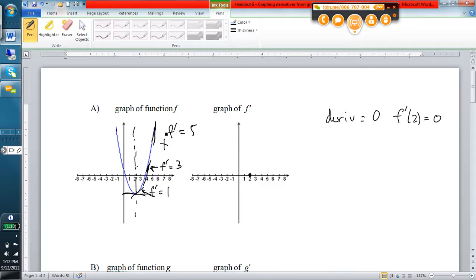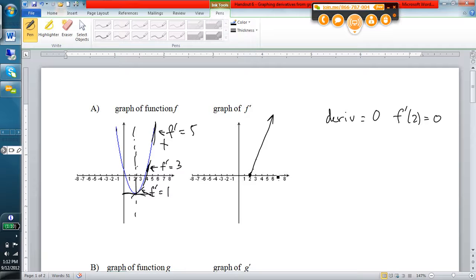So out a little bit from 2, it's 1. A little bit further, it's 3. A little bit further, it's 5. So those are going off like this. They're going up, aren't they? This line means the derivative's going up as you go progressively from 2.